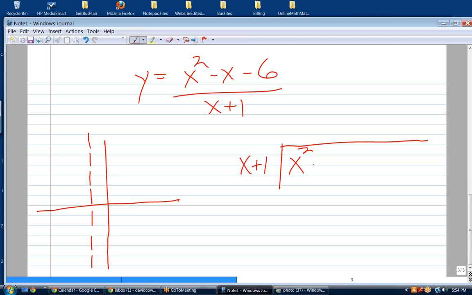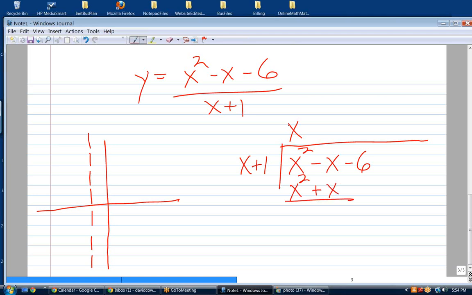Do you know how to do this division? Okay, what do I put here? It'd be x. And then what down here? X squared plus x.